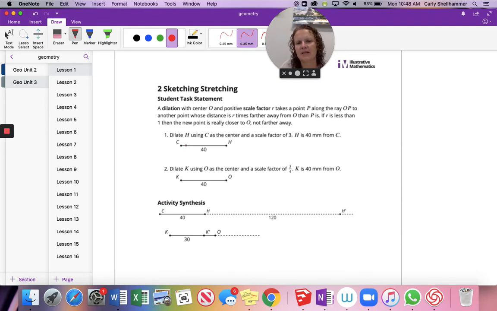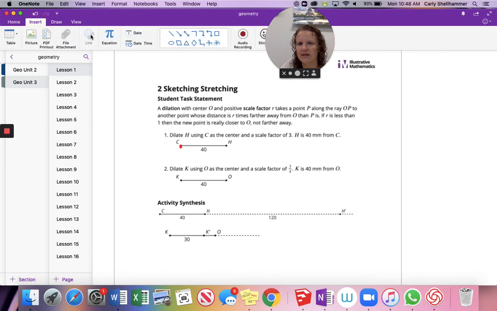So if we talk about this one, dilate H using C as the center and doing a scale factor of 3. H is 40 millimeters from C. So really, I wish I could insert a segment.